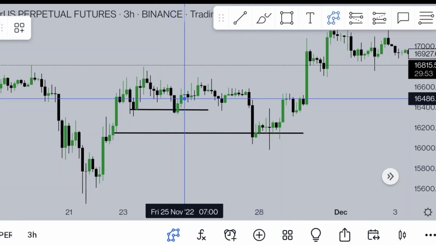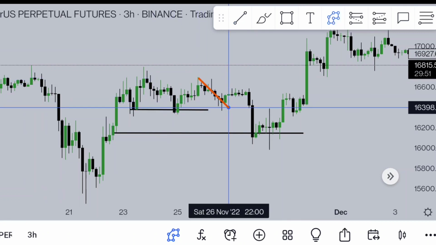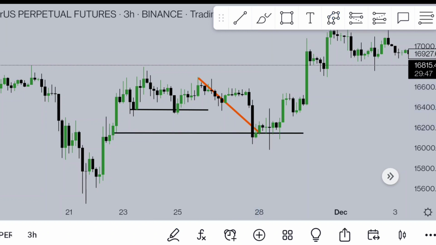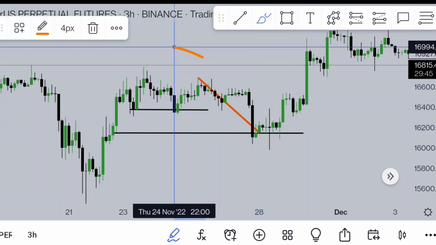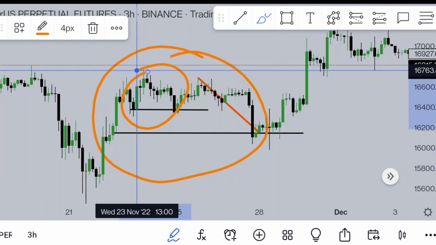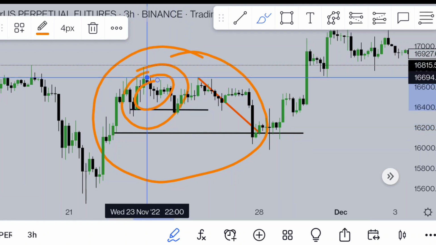See, you waited for the fair value gap, it got filled, and you shorted towards this point. So there are three trades. On this trade you will get one trade per day, on this one you will get 2 or 3 trades per day, and on this one you can get a trade every 2 or 3 hours.